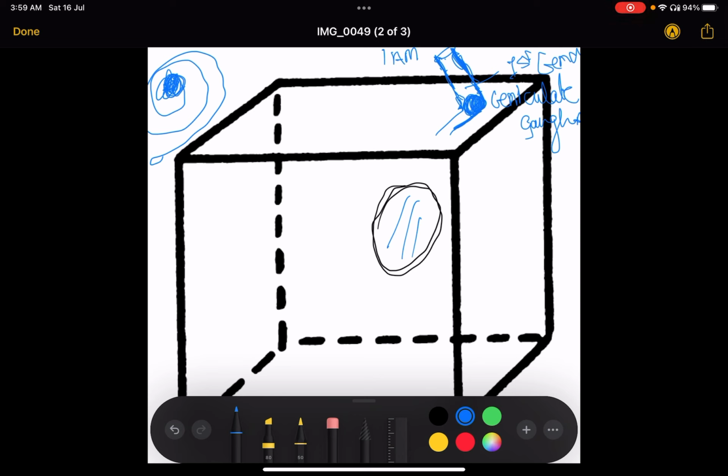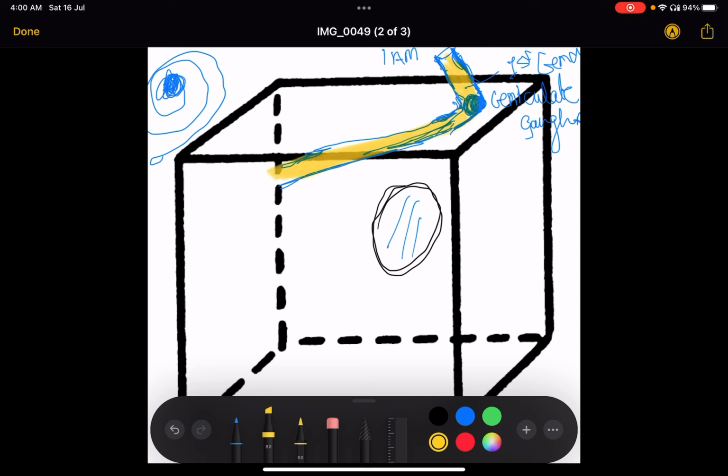All right, and then this is a very sudden turn that the canal makes, and then it runs more or less horizontally all the way to the posterior wall. So this is your canal.